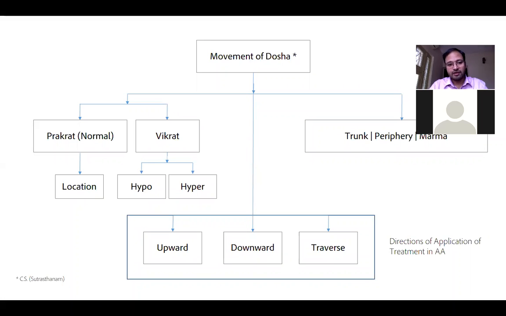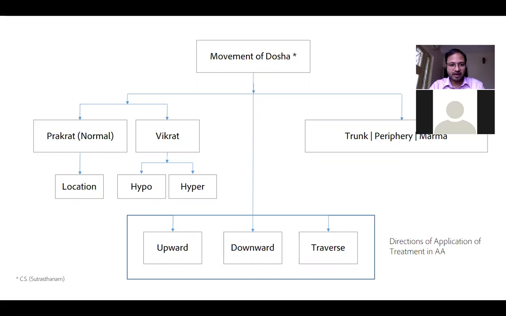One is hypo, or one is hyper. So hypo is where Vata is less, and Pitta and Kapha are more. Or hyper is a condition where, say for example, Vata is more and Pitta and Kapha are less.